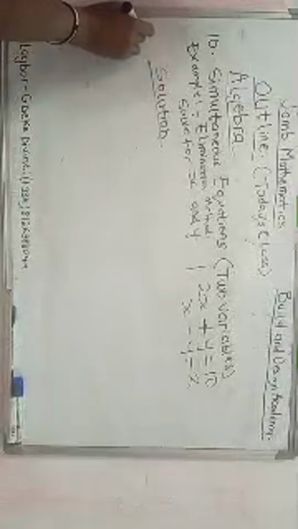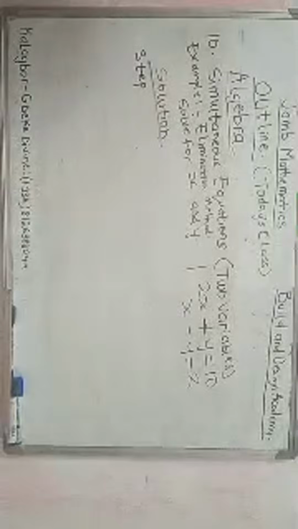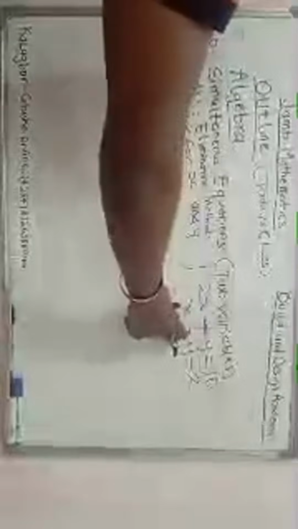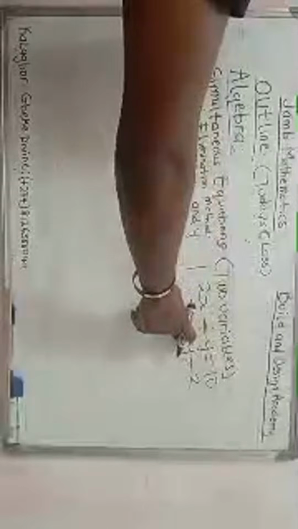So the first step, observe y is positive here, y is negative here. So if we add both of them, we can eliminate y. And now the coefficient of y here is 1, the coefficient of y here is 1.